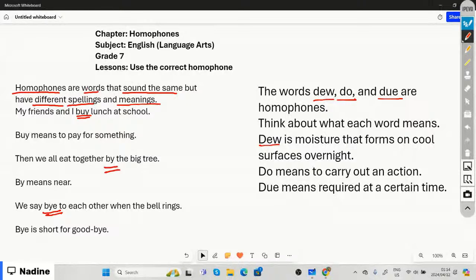Do means to carry out an action, and due requires a certain time. That is an example of how different words can sound the same, but the meaning as well as the spelling of these words are different.